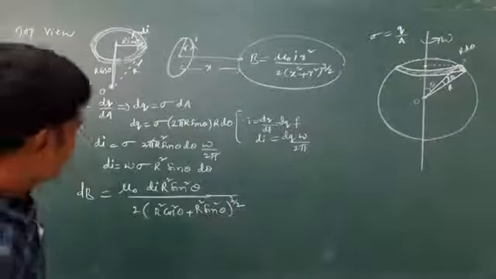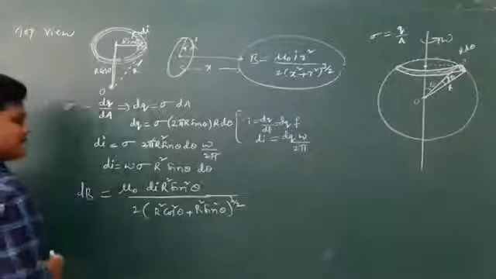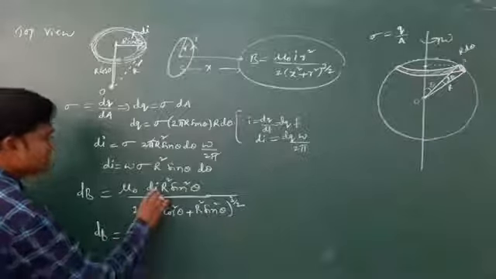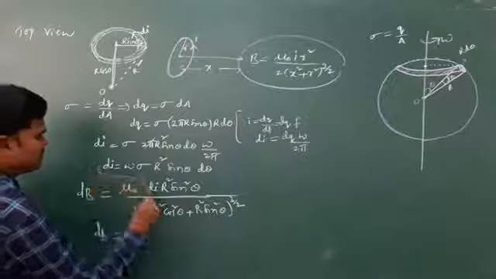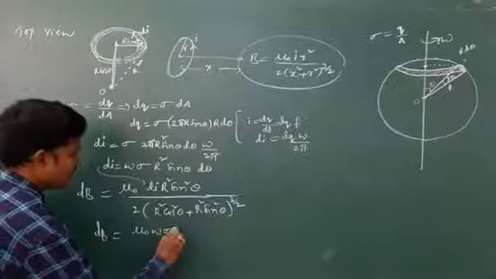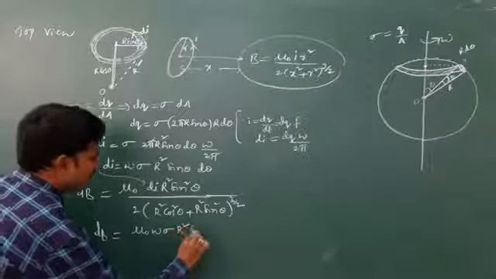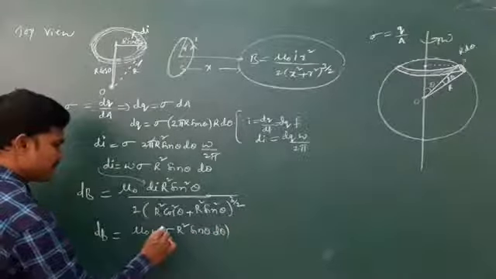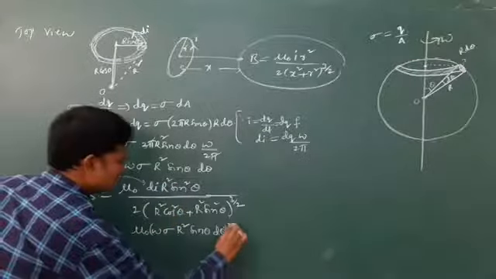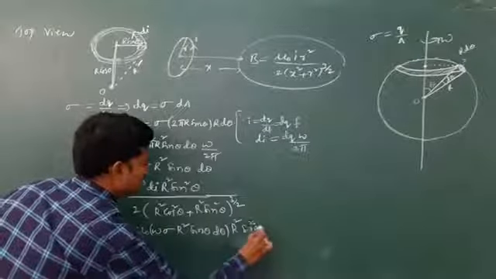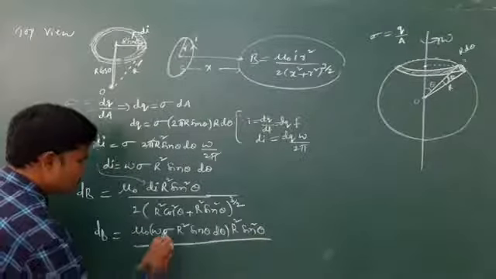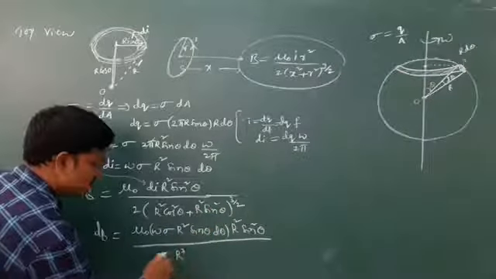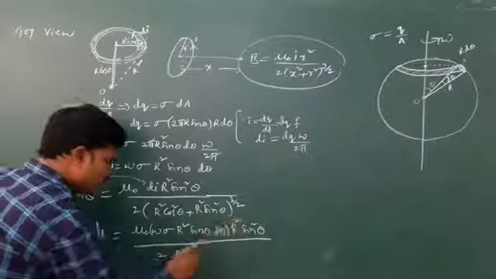So dB is mu naught times dI, which is mu naught omega sigma r square sin theta d theta, into r square sin square theta. Observe carefully: r square power 3 by 2 is r cube, so one r gets cancelled.